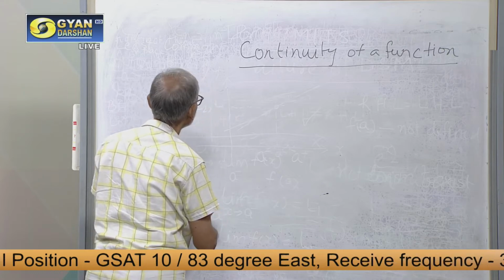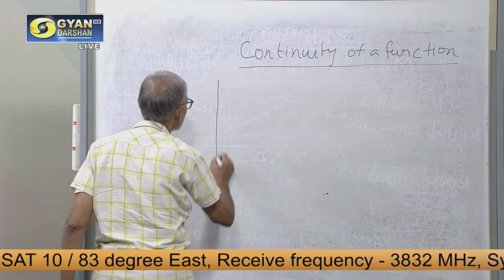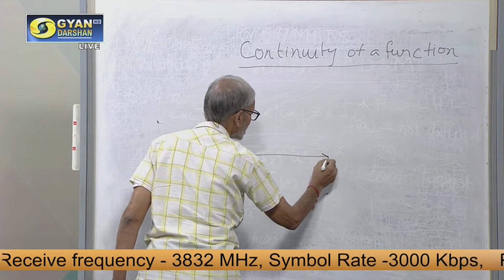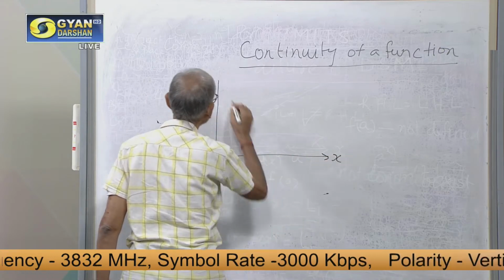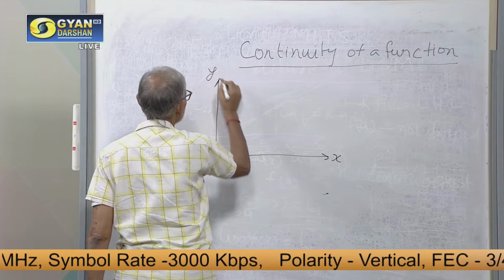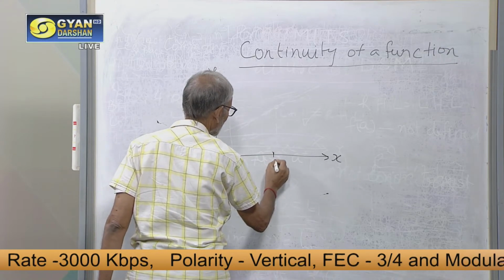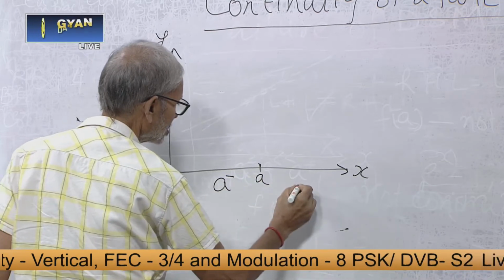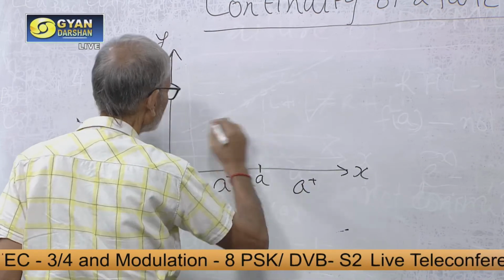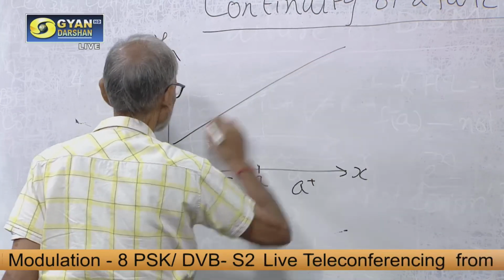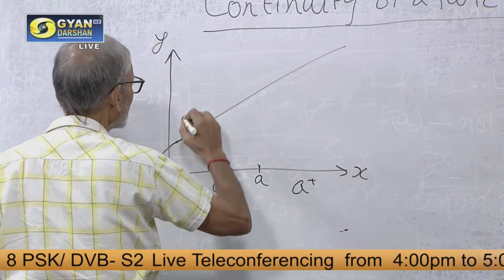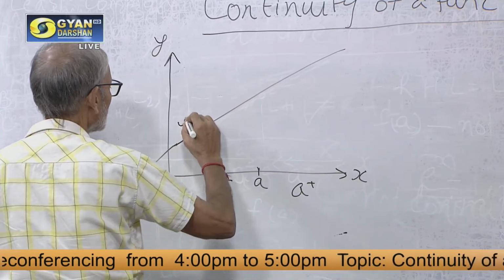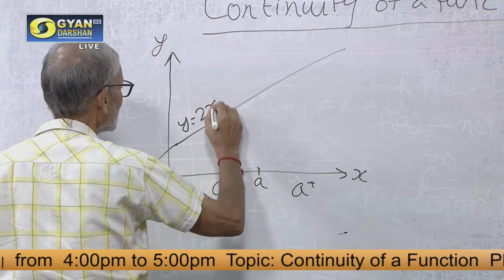So, let us take x, y, and at x is equal to a, this is a minus, this is a plus, this is a straight line, say y is equal to 2x plus 3.